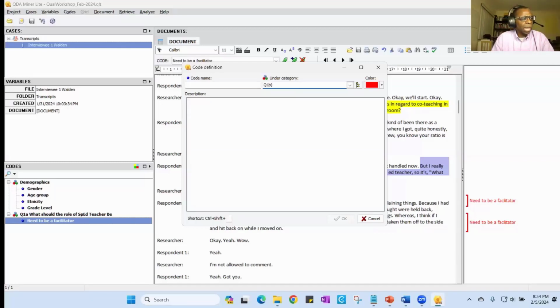And Q1B is how is the special education teacher utilized in the general ed classroom? In the gen ed classroom.